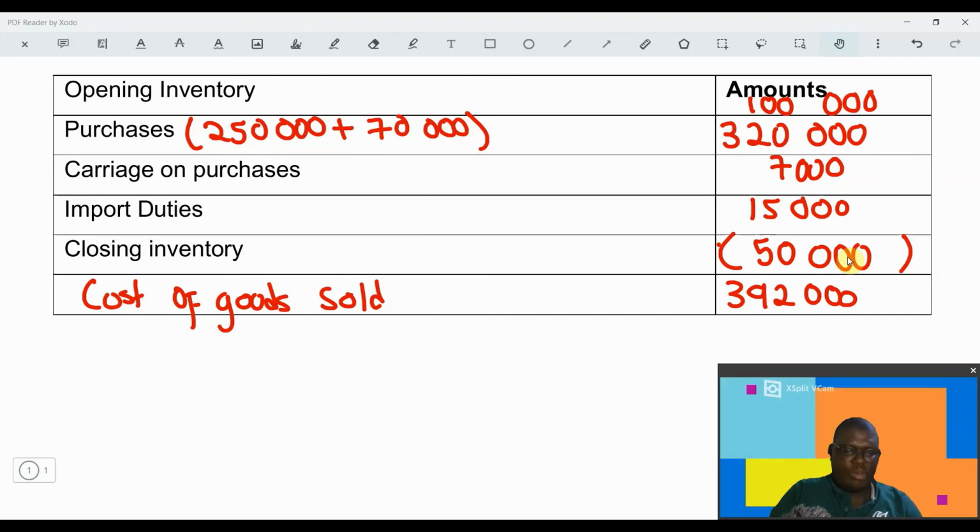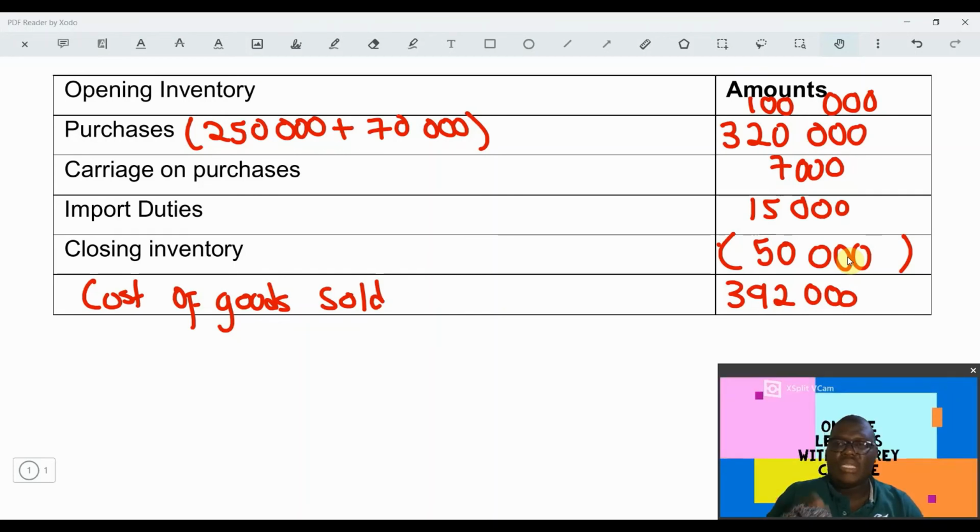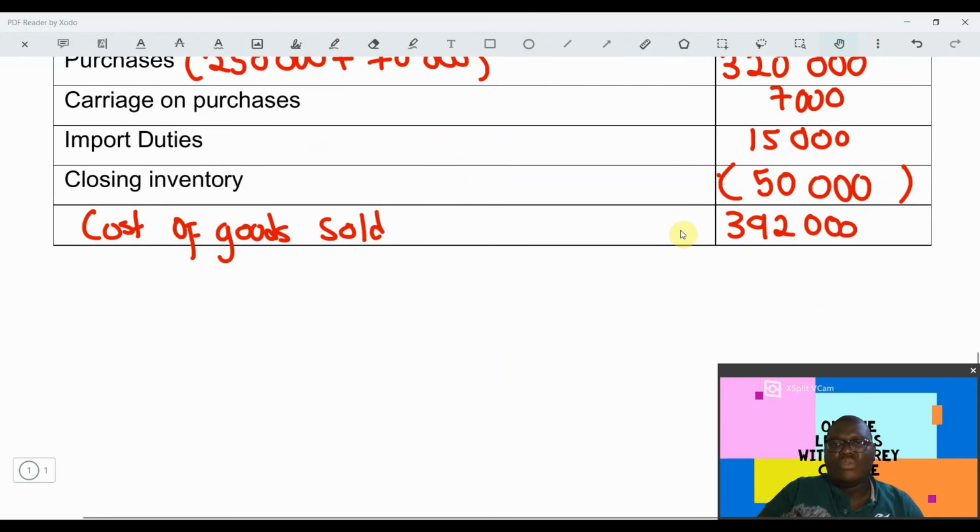I think it's also important that when you are done typing everything on your calculator, you verify that everything is correct. Okay, and then I'm still getting 392,000, so I'm going to do it for the last time: 100,000 plus 320,000 plus 7,000 plus 15,000 minus 50,000. I'm still getting 392,000. This means that this is our cost of goods sold.